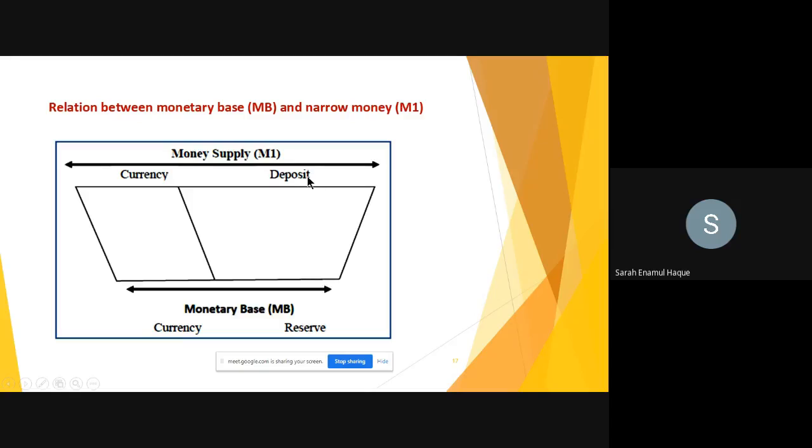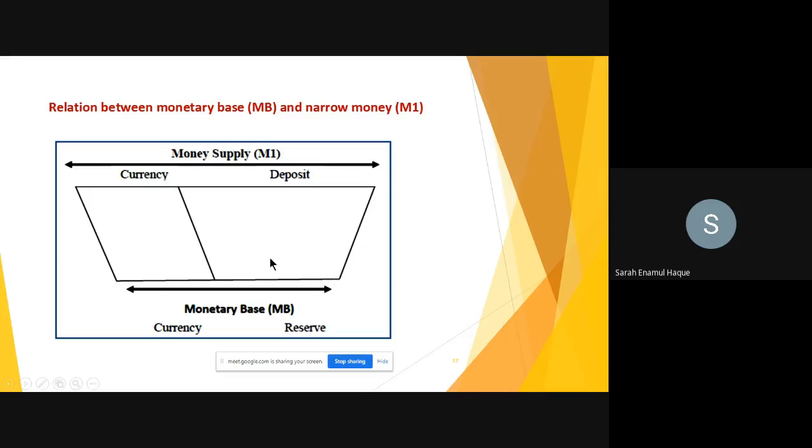from the deposit you have the reserve, and by reserve here I mean the required reserve, the reserve amount that the central bank has in its vault, which is basically the required reserve that the commercial banks give to the central bank, right? So you can see the total deposit amount will be higher, but the reserve amount is smaller.